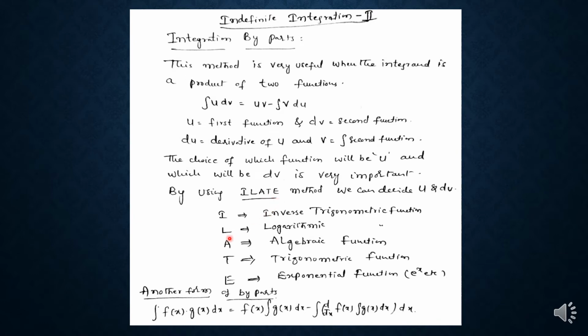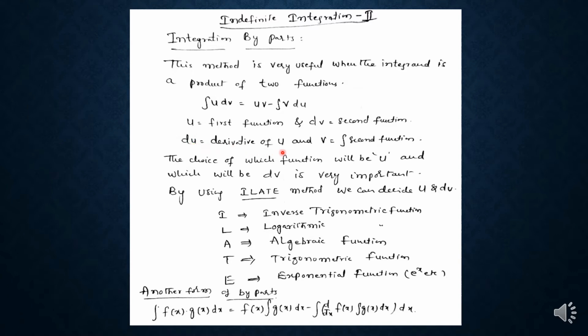Thus we should select the first function, and the remaining function is the second function, and by using the integration by parts rule, that is integral u dv is equal to uv minus integral v du. So first choose the first function according to the ILATE rule, and u is equal to the first function, and find du, the derivative of u.